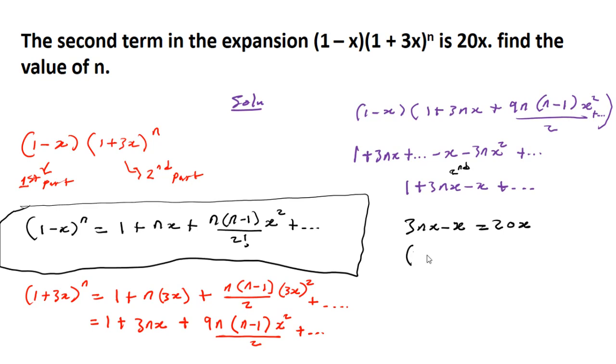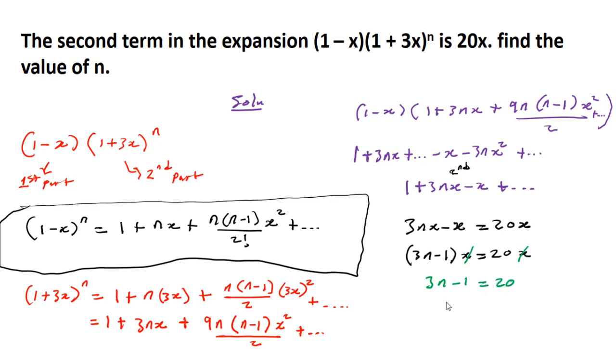So we are going to have (3n minus 1)x is equal to 20x. So this x and that x will go. This means that we have 3n minus 1 is equal to 20.